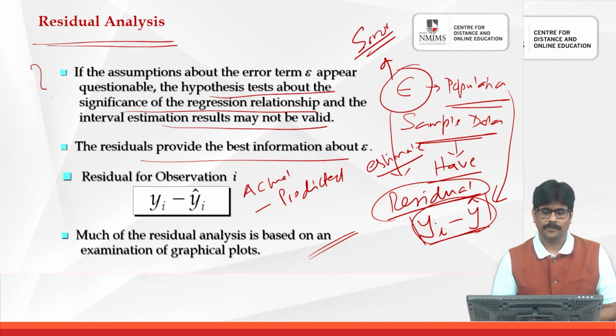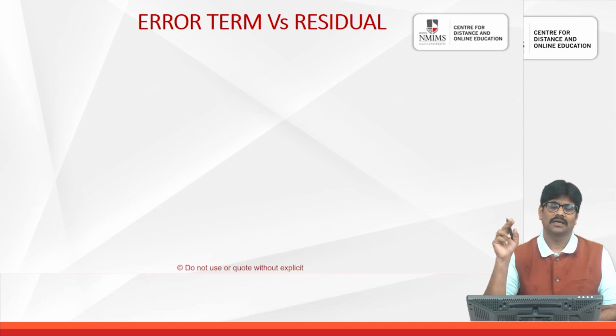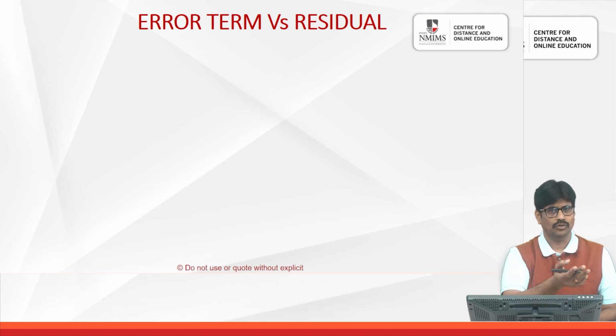We will see that. So, now we keep on using the terms error and residual. What is residual? What is error? Residual is related to the sample, error is related to the population. Residual is the estimate of error. If the residual follows the assumptions, that is, validates the assumptions, it is understood that the error assumptions are also validated.